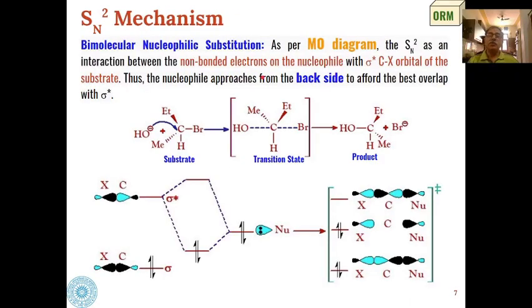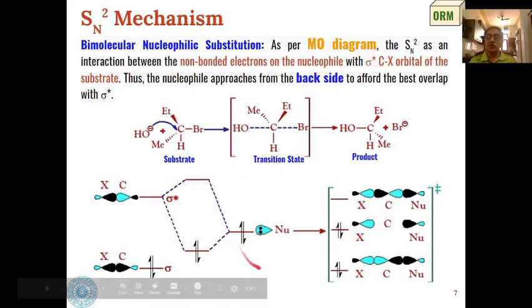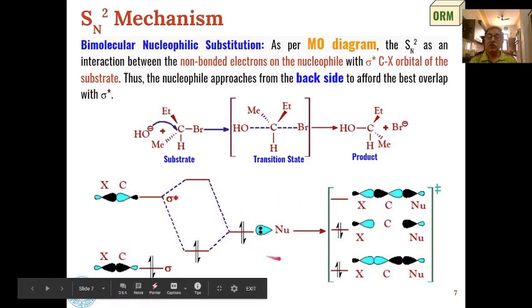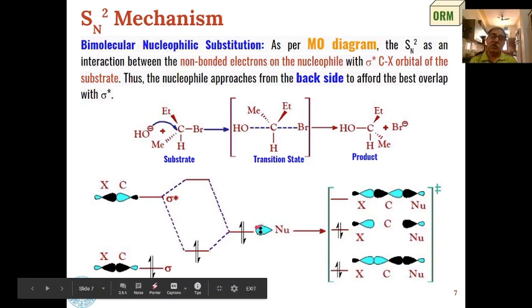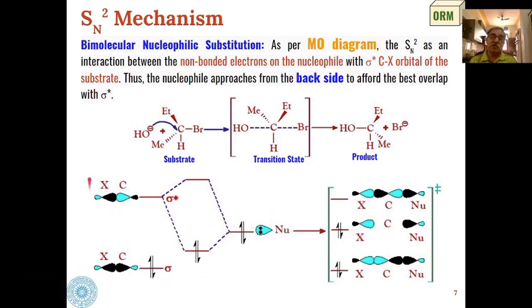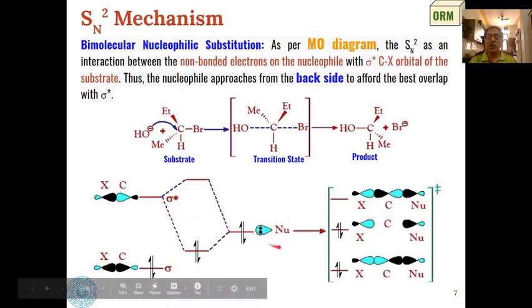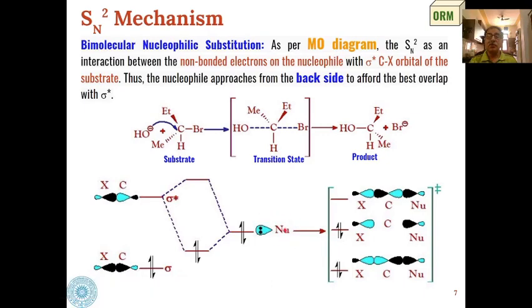For bimolecular nucleophilic substitution, on the basis of the molecular orbital diagram, we can explain that in SN2 reactions the nucleophile with non-bonded electrons interacts with the sigma antibonding orbital of the substrate, and this is the lowest unoccupied molecular orbital, LUMO, and this is the highest occupied molecular orbital of the nucleophile.